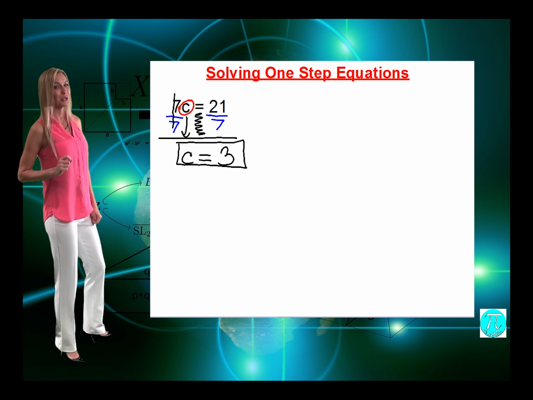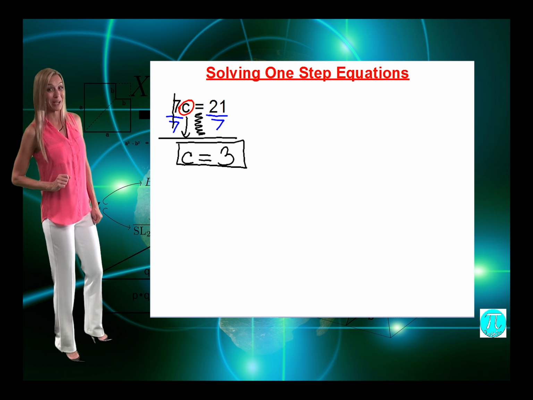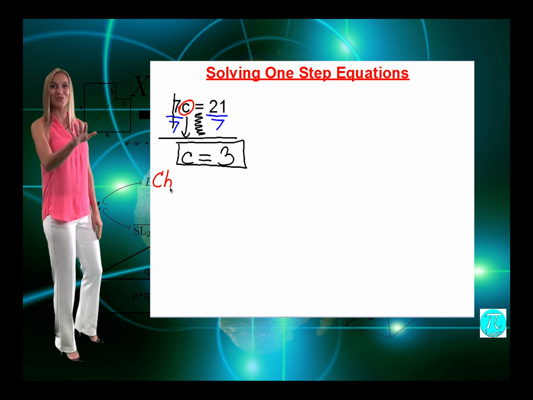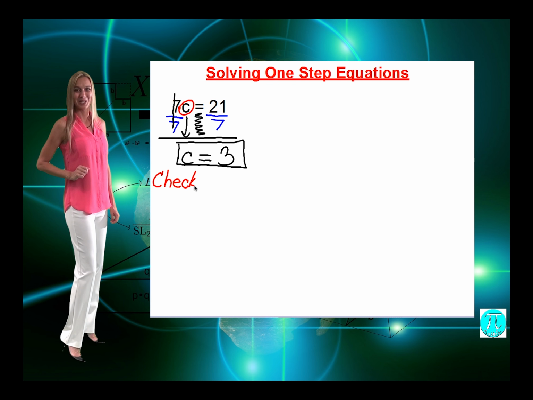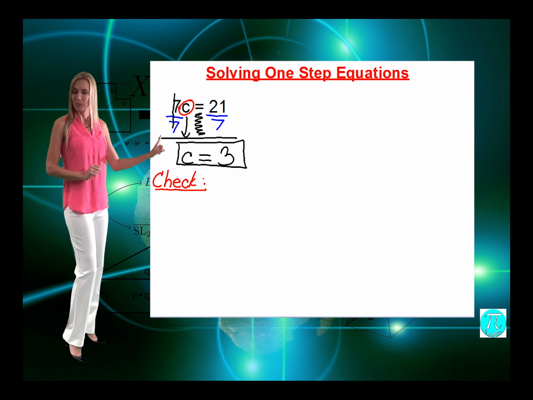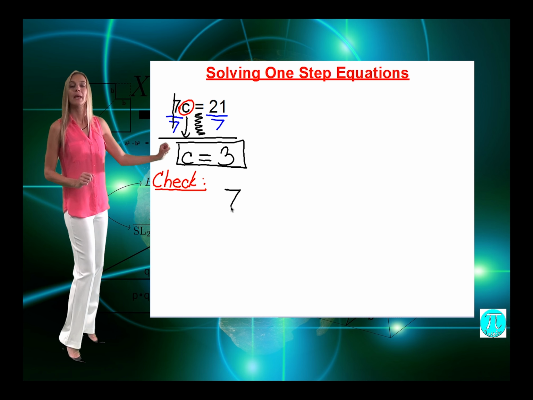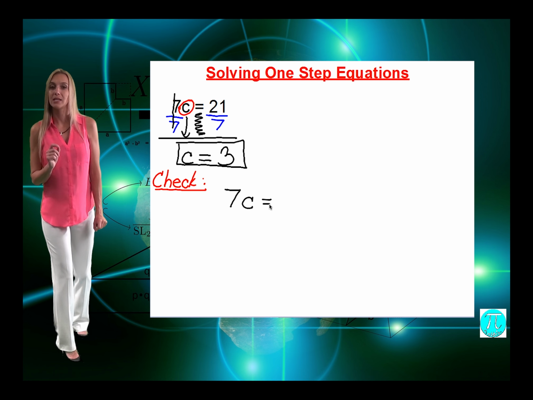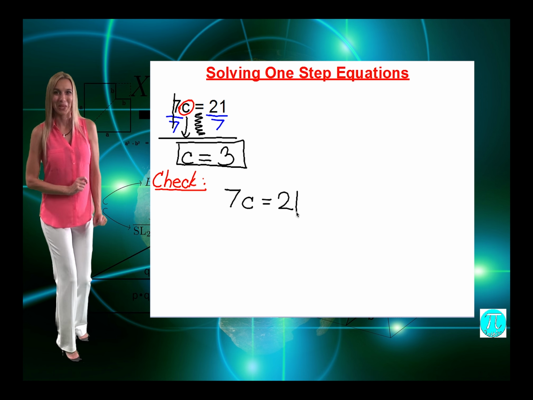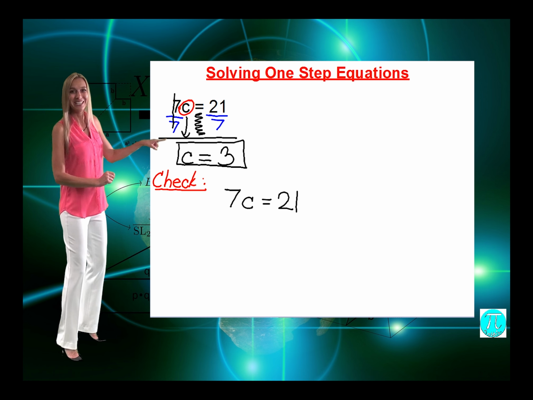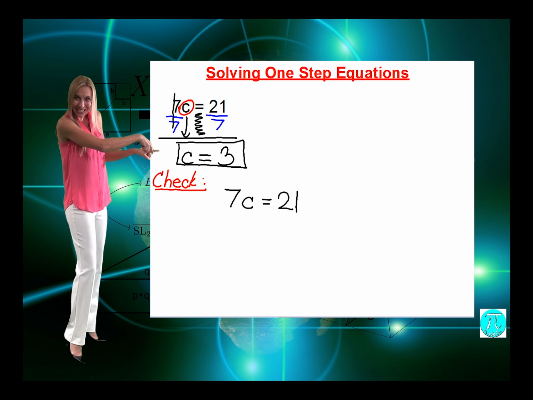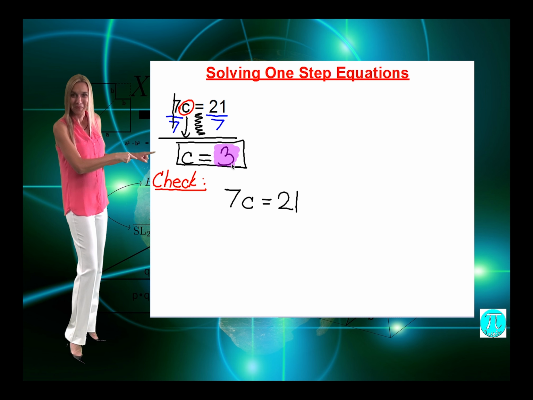Now let's make sure that our answer is correct. We're going to rewrite the original equation. It says 7 times c, or 7c, equals 21. And we said that c is equal to 3. So everywhere I see c, I will substitute in the number 3.